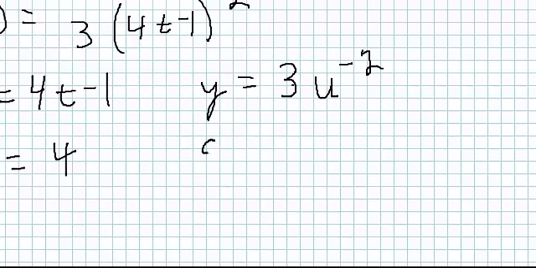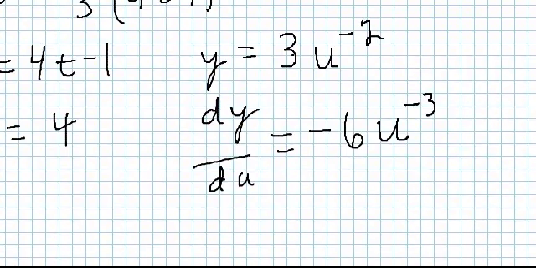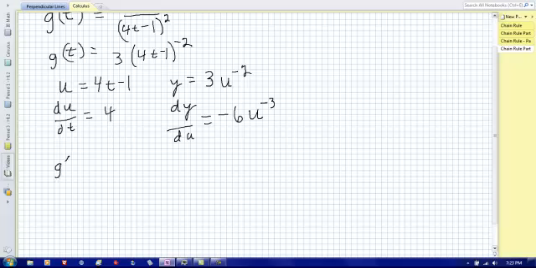So we take this dy du, and it looks pretty straightforward. We got negative 6 u, subtract 1 from negative 2, and we get negative 3. We got a nice little function going here. Let me scroll down. All right, now putting this together, we'll just write it g prime of t. So that's the derivative.